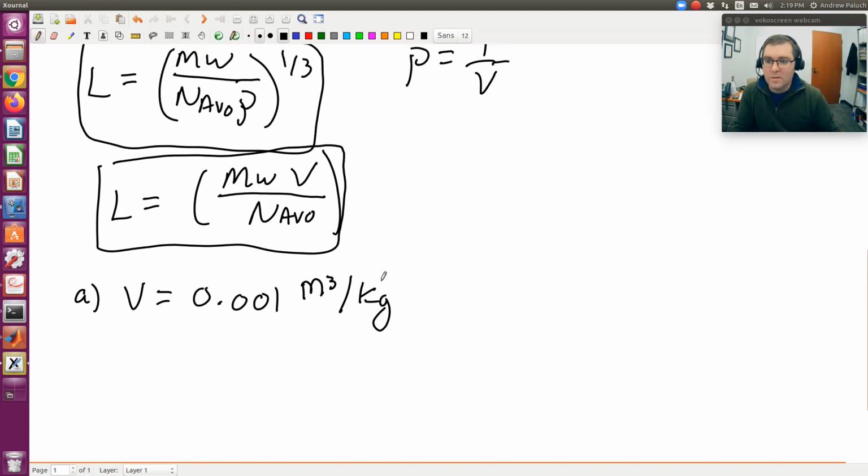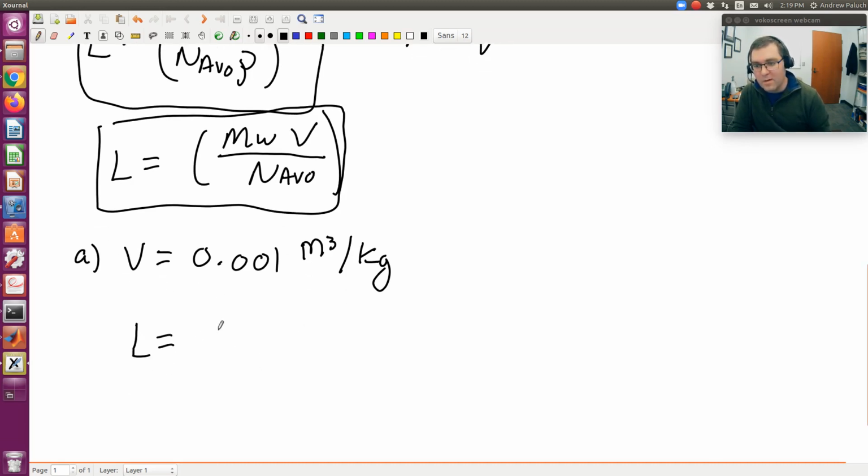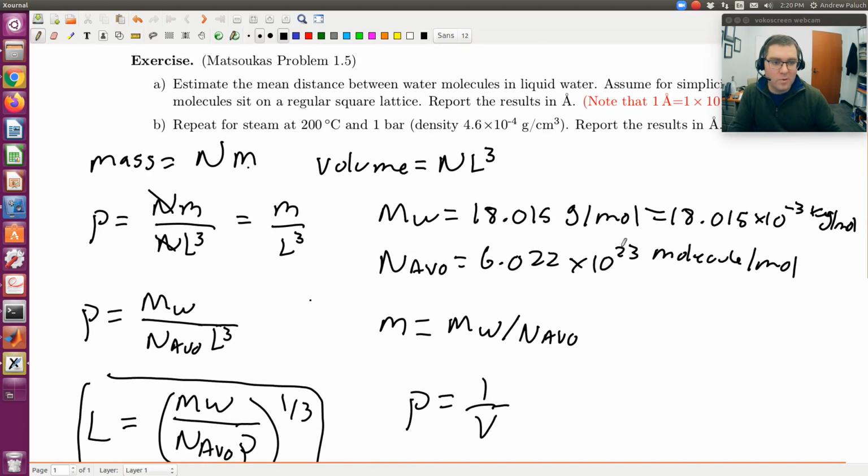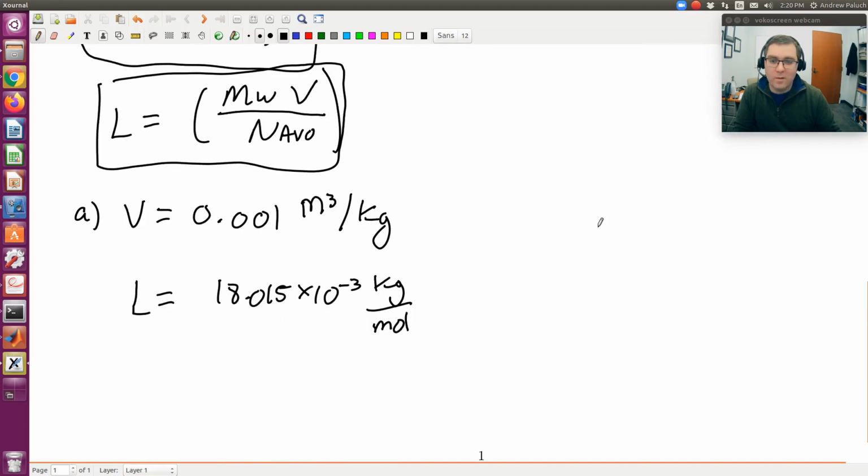So then let's do it. To estimate L, L is equal to molecular weight, 18.015 times 10 to the negative 3 kilograms per mole. This is from the last problem. We took our molecular weight in grams per mole, and to go to kilograms per mole, I just divide by 1,000 because there are 1,000 grams in 1 kilogram.